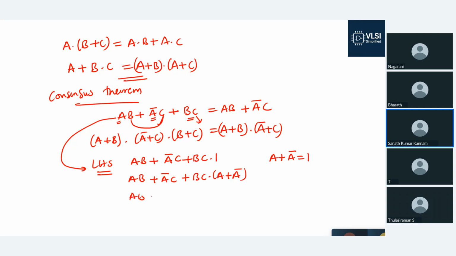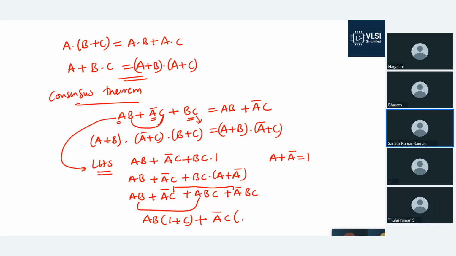Okay, and next, AB or A bar C, ABC, A bar BC. From this, what you can take common? AB you can take. What you are getting? 1 plus C. From this, you can take A bar C common.